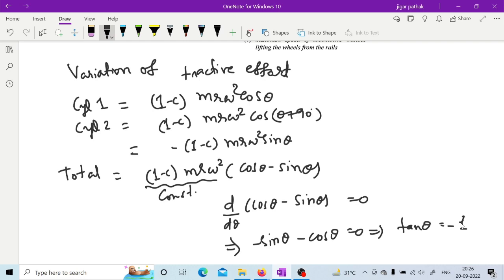So once you have this, then theta will be equal to, in case of tan theta is equal to minus 1, as you know, theta is either 135 or 315, right?